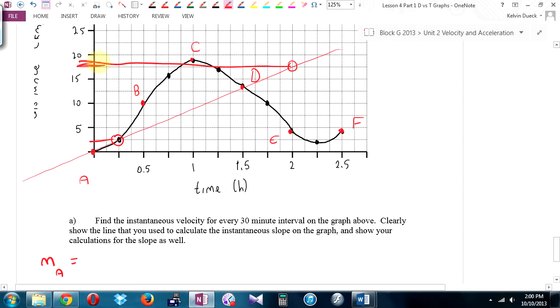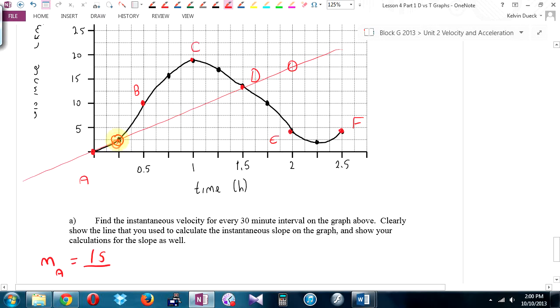How high right here? 17.5? How high right here? 2.5? So 17.5, 2.5. I think you're right, Jeff. 15.